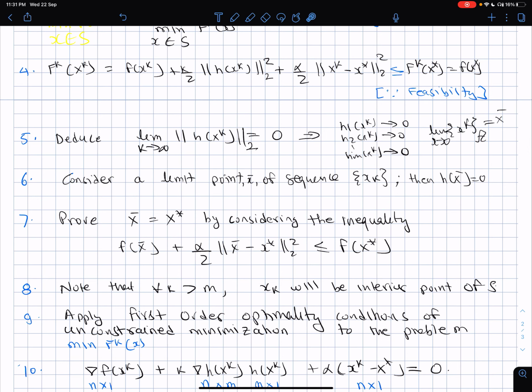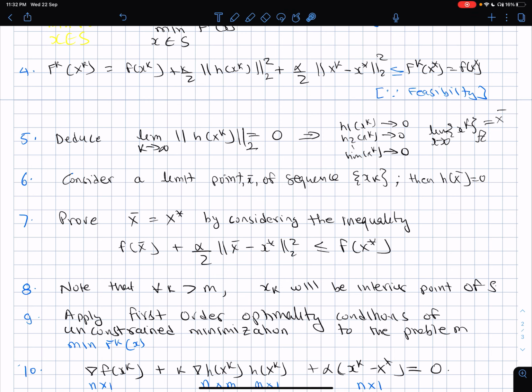Okay, now that this has been done, before we can proceed we still need to show that this limit point is the same as x star. If it becomes another limit point, I cannot apply any optimality proofs of unconstrained optimization later on. My idea is that I am considering a penalty by invoking the power of the penalty function.